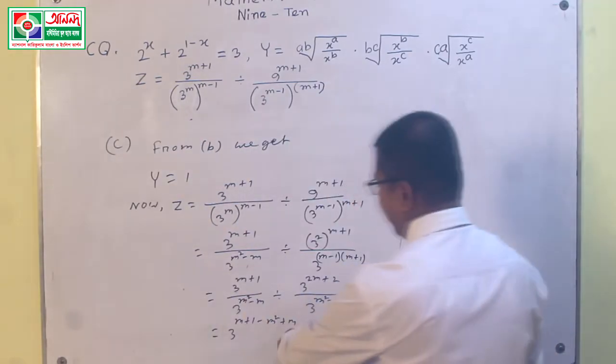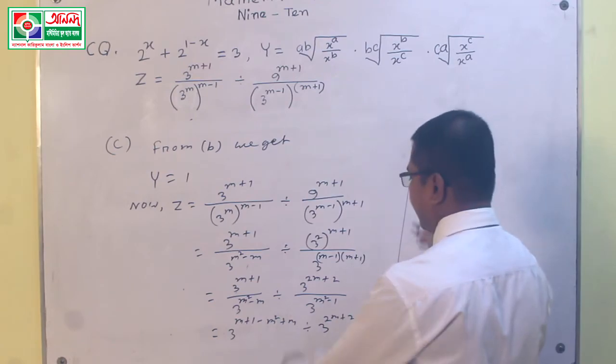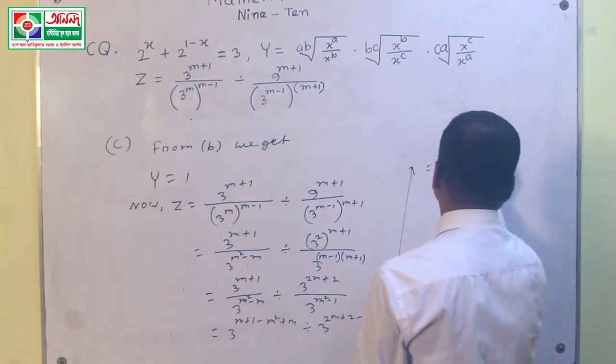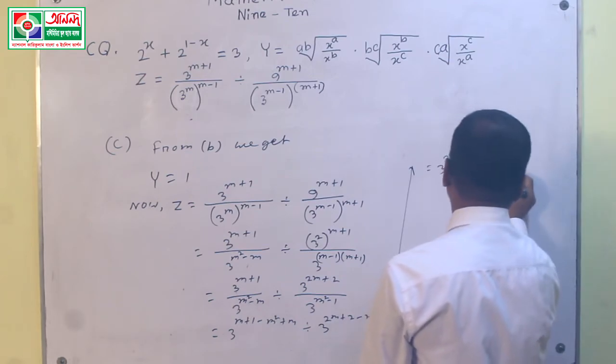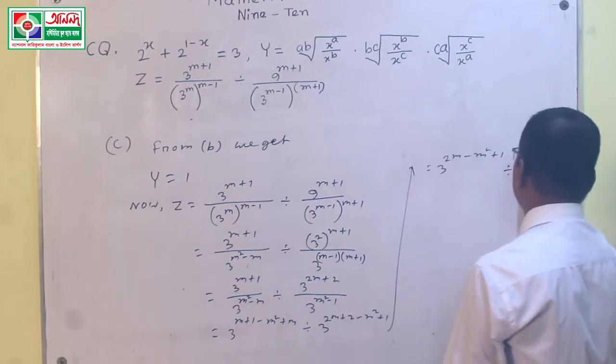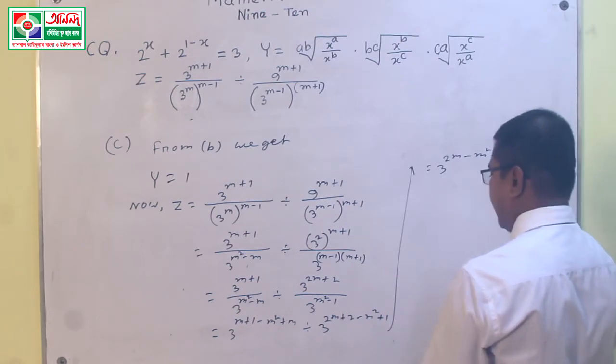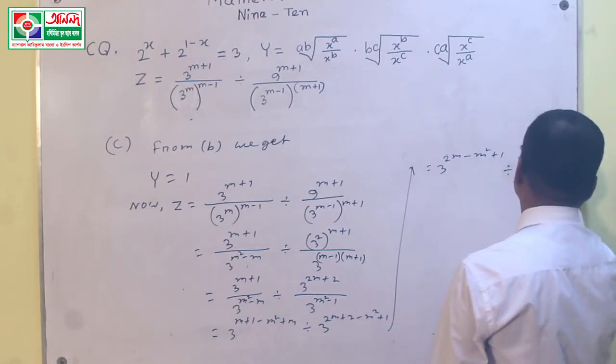Here look at, m, and we can write here 3 to the power m plus m, 2 to the power m, and we can write minus m square plus 1 divide here 3 to the power 2m minus m square and plus 2 plus 1 plus 3.